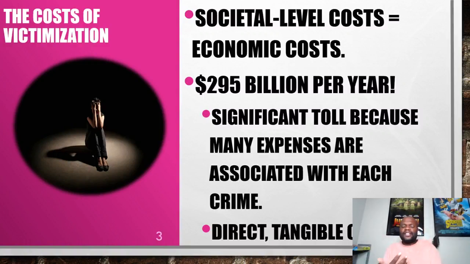You even have the direct tangible costs. For example, if a person was victimized and their car was stolen, now you have to get a rental car, or if the car is totaled, you have to pay the insurance deductible. There are all of these different tangible costs that sometimes people aren't aware of. So there are significant economic costs associated with being victimized.